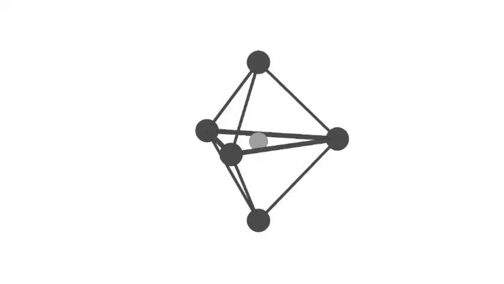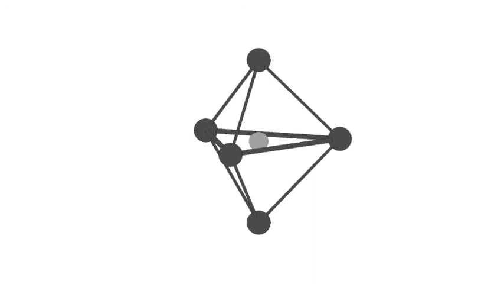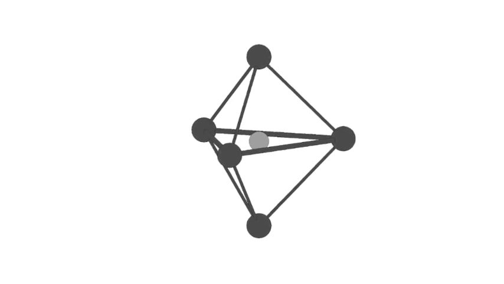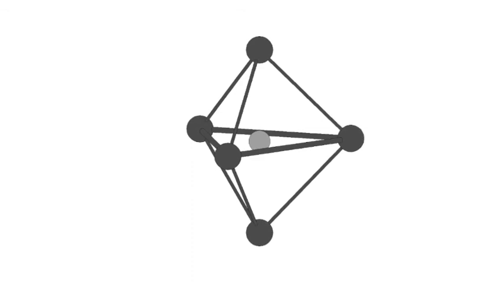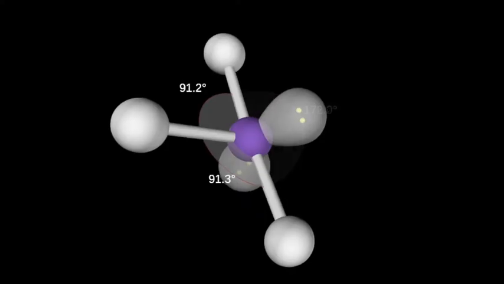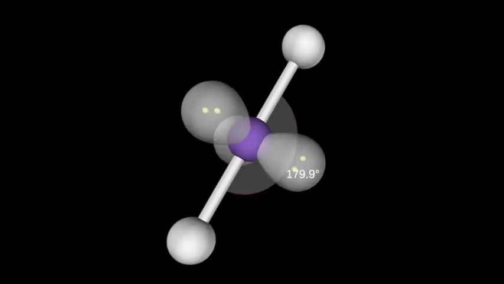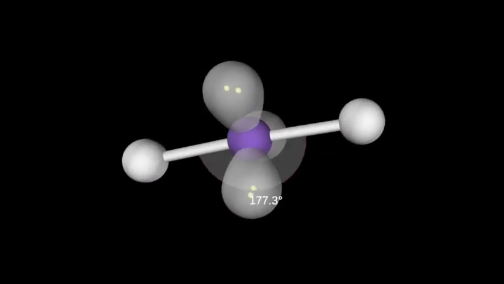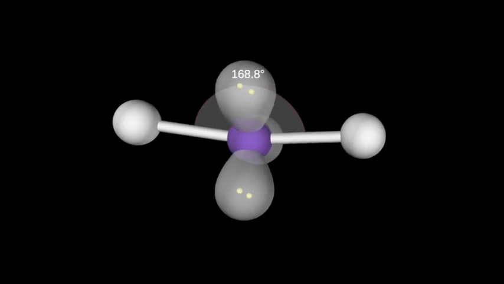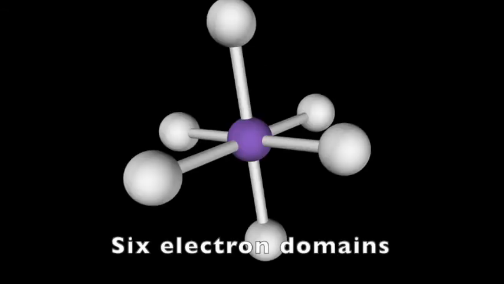If you draw lines between the bonded atoms or the ends of the domain, you'd get a shape that looks like 2 3-sided pyramids that are stacked on top of each other like this. All of these molecules have trigonal bipyramidal electron geometries, even though the types of domains on them are different. Octahedral electron geometries have 6 electron domains.